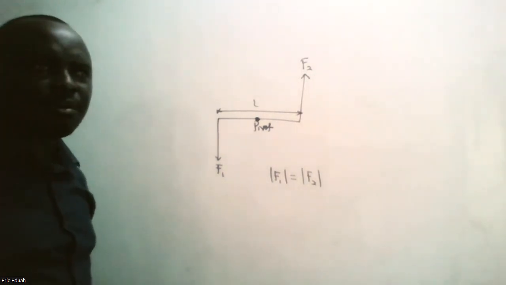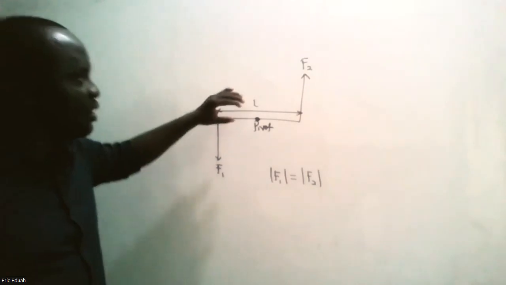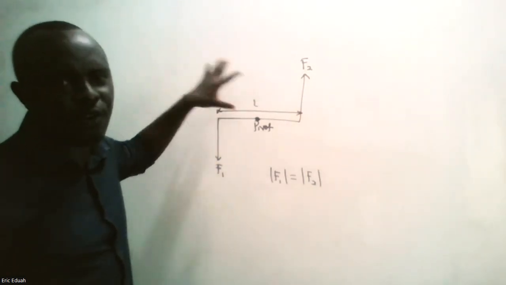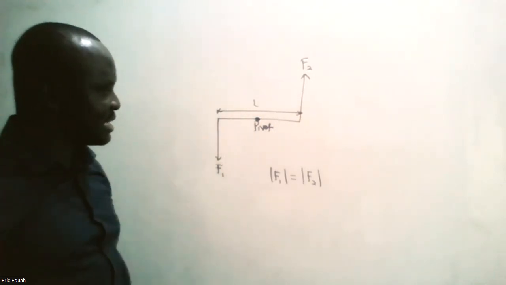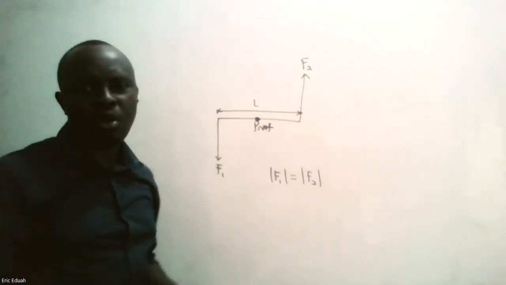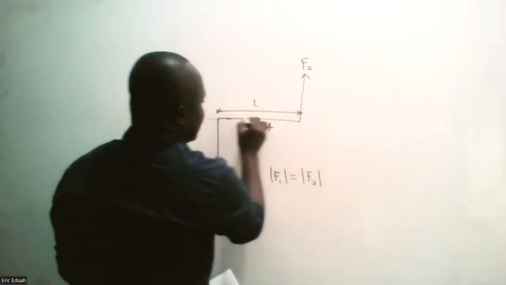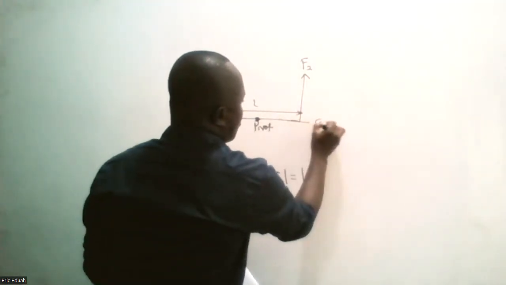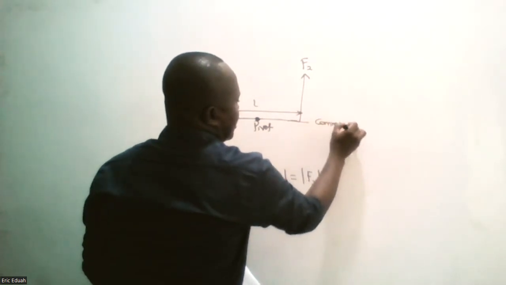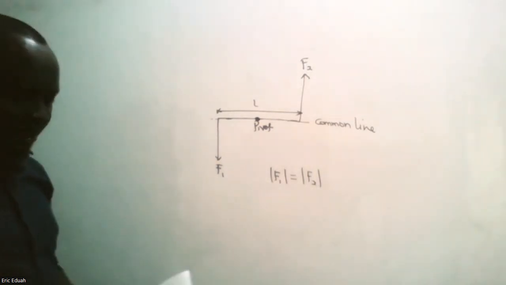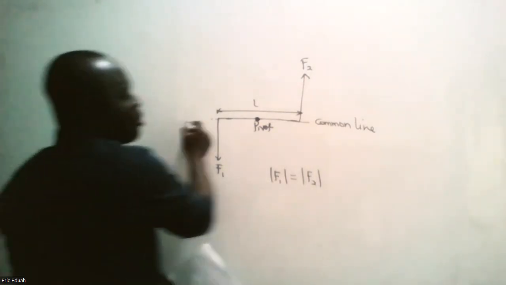So a couple system is when two equal and oppositely directed forces act at a common line.